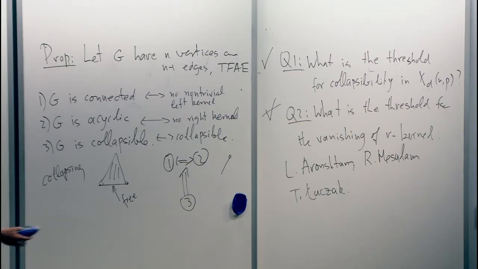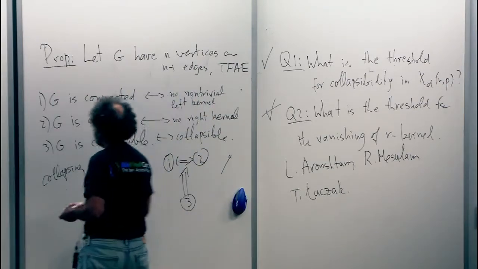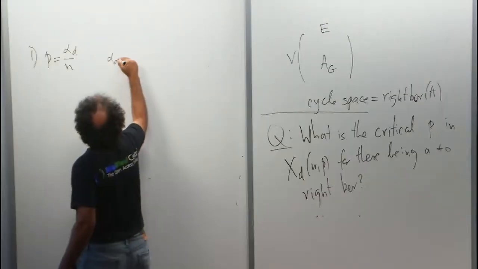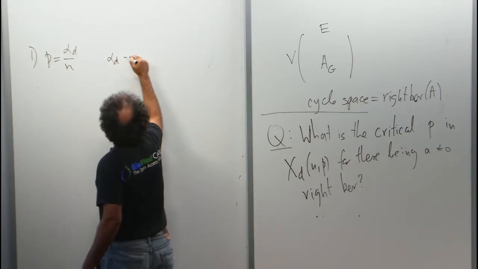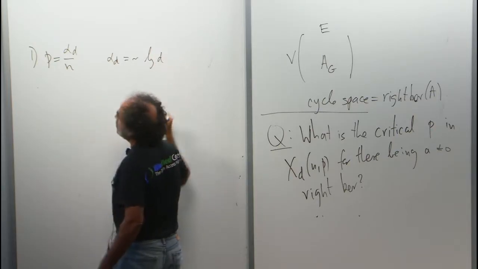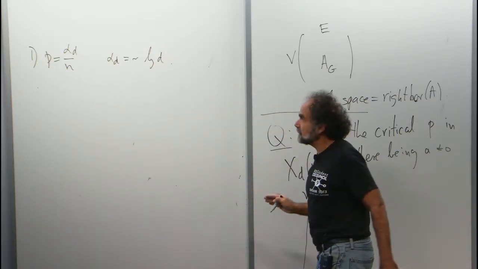So the answer for 1 is P is, let's say, alpha_D over N. Alpha_D is very close to log of D. And that is a full answer.